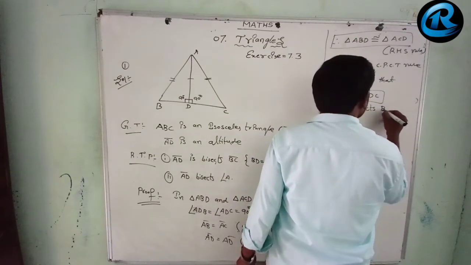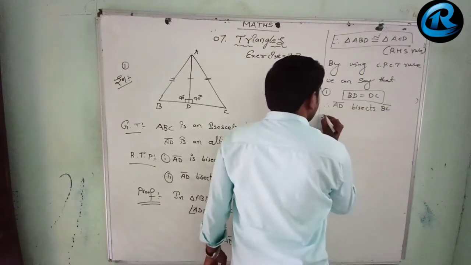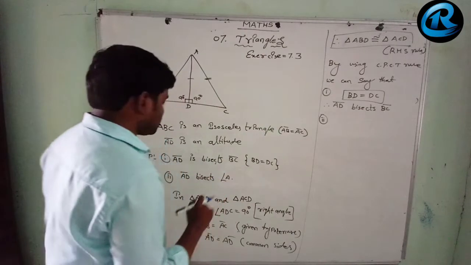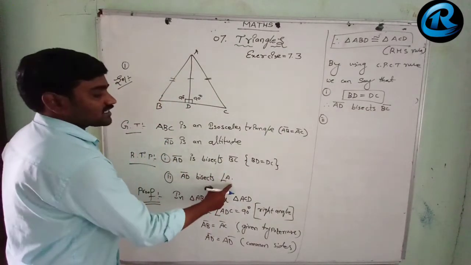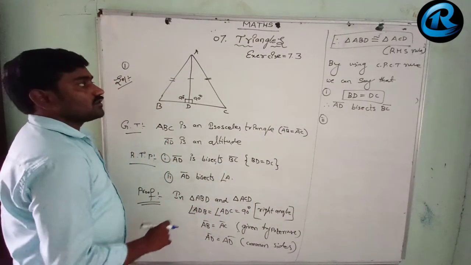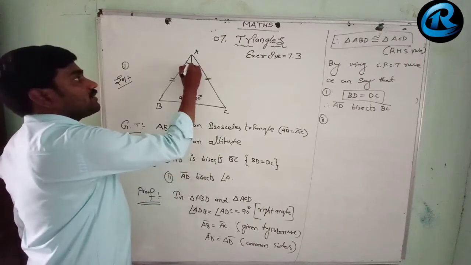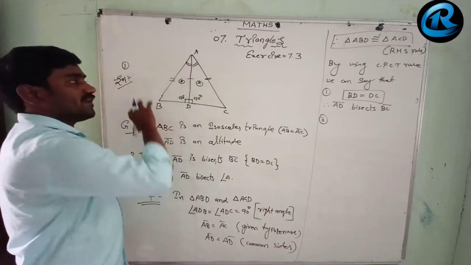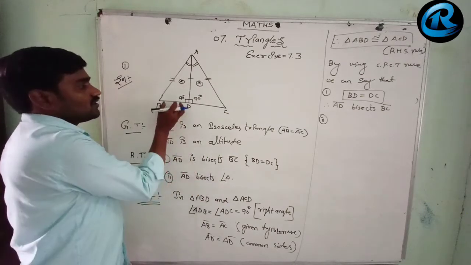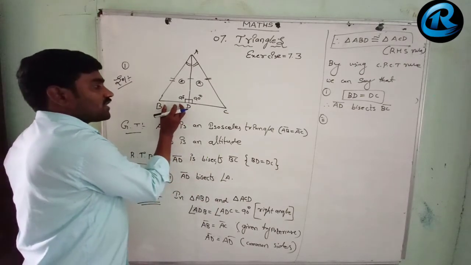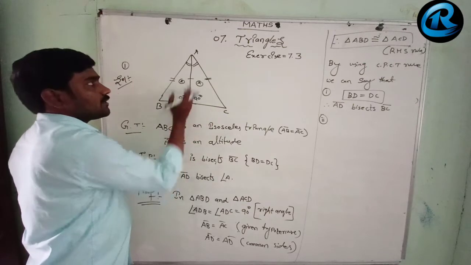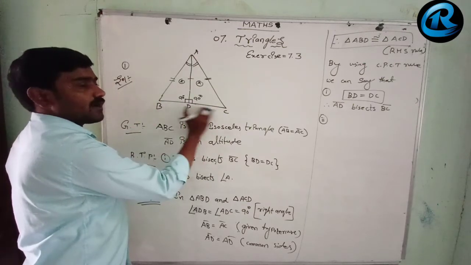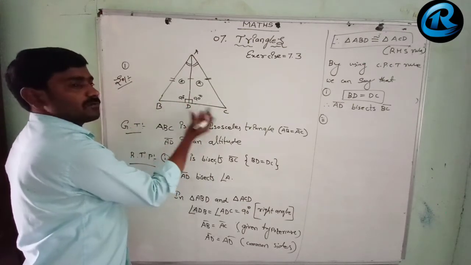In the same way, AD bisects angle A also, by the CPCT rule. Already these two triangles are congruent, so the remaining corresponding parts are all equal. We already proved that BD equals DC, that means AD bisected the opposite side BC into two equal parts.